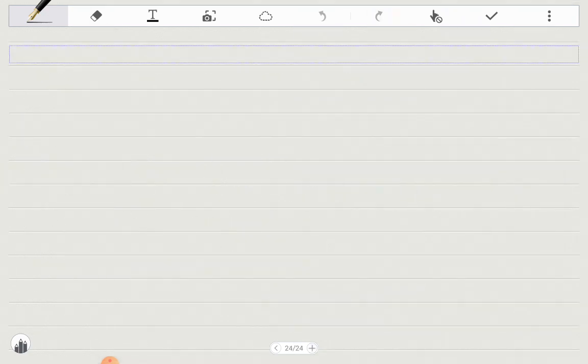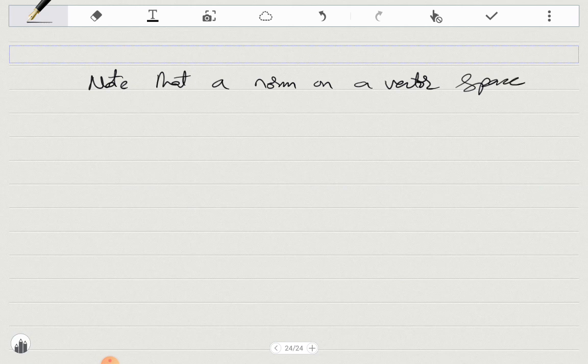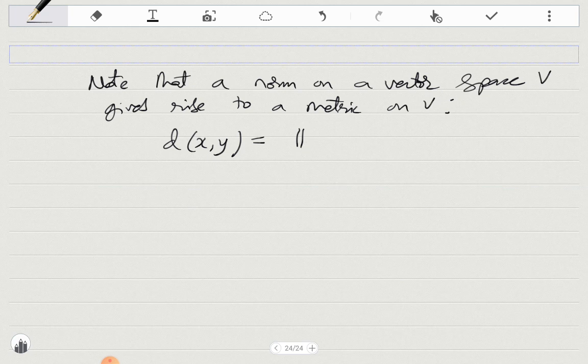Well, so what I wanted to say is, note that a norm on a vector space, let's call it V, gives rise to a metric on V. So we just define the metric to be d(x,y) equal to the norm of x minus y.